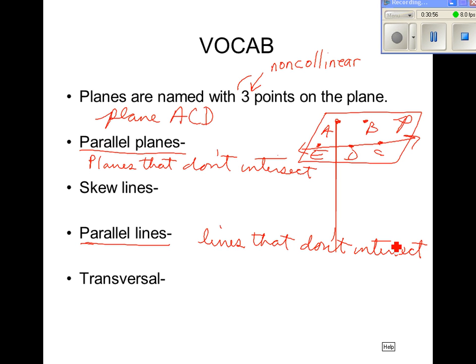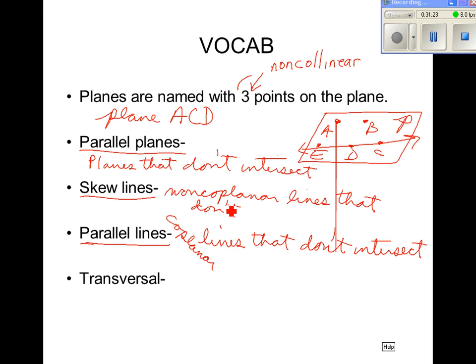So, right out in front here, we're going to write coplanar lines that don't intersect. What's skew lines then? Non-coplanar lines that don't intersect.